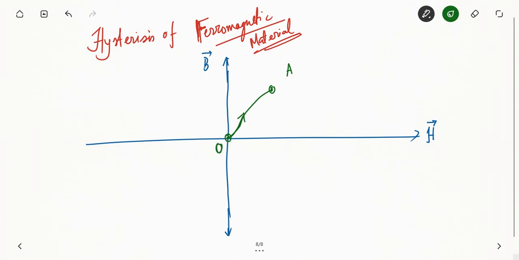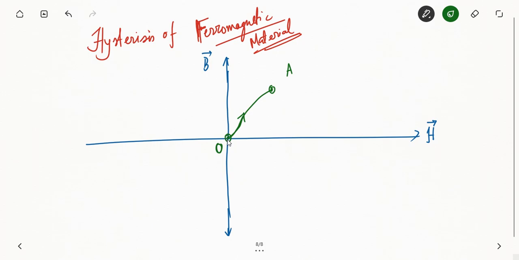After point A, when H becomes 0, B is not 0. After increasing H, we now decrease the magnetic field intensity H to 0, meaning we are on the y-axis line.